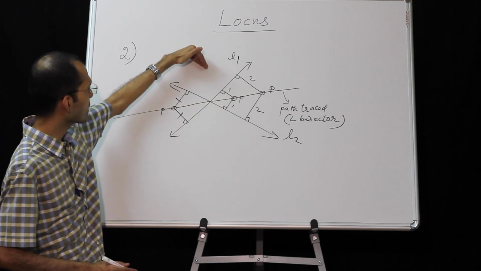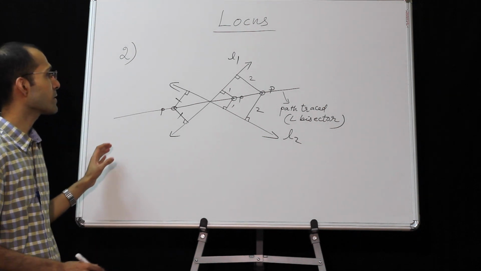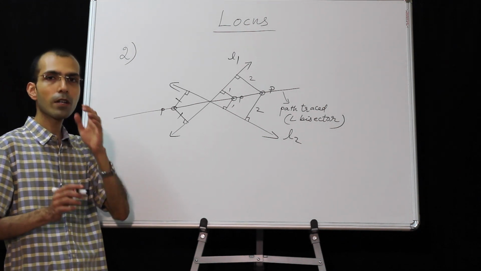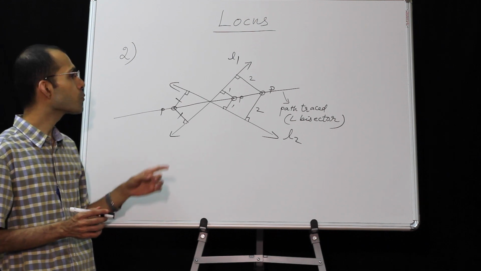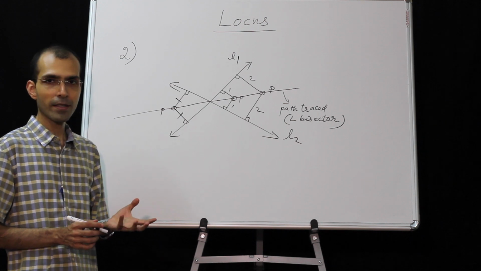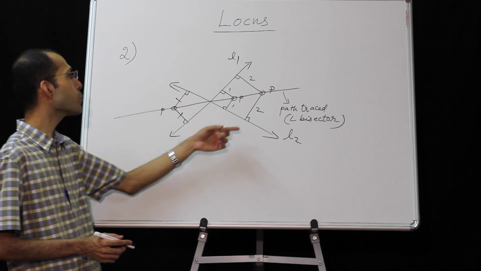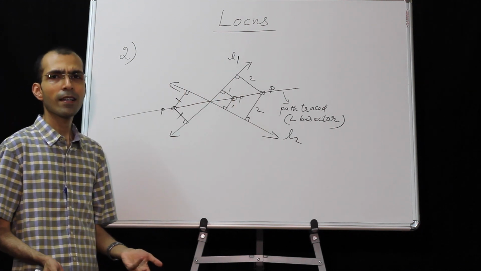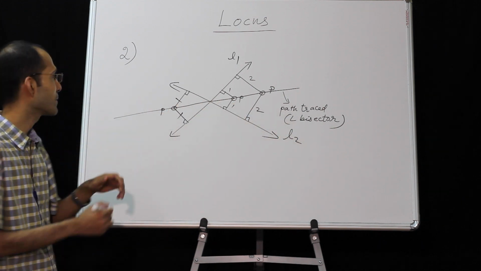Because whether you look from this side or this side, these are still lines L1 and L2. So the concept says the locus of a point equidistant from two intersecting lines. The locus of a point means the path traced by the moving point.